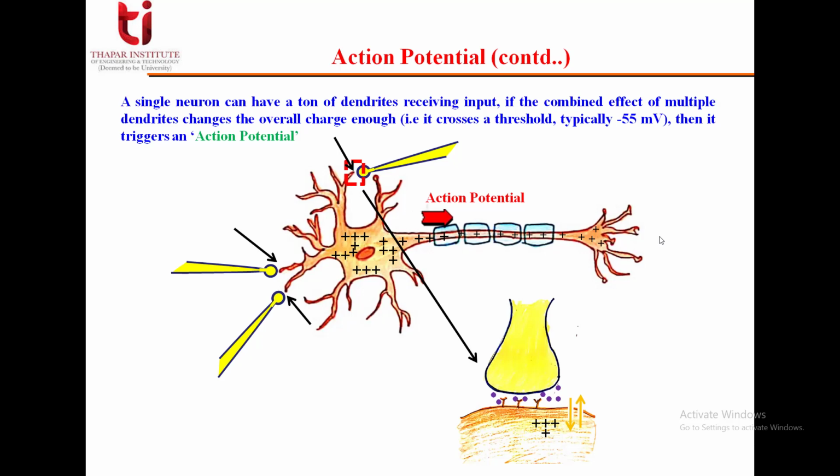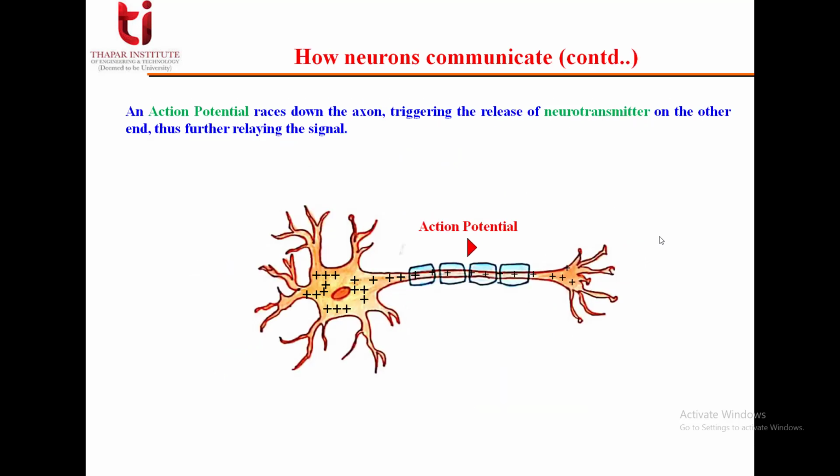Now this action potential travels down the axon, triggering the release of neurotransmitters. You can see the action potential travelling down the axon, and then it will release the neurotransmitters at the other end, and this will further relay the signal. In this way the two neurons communicate.